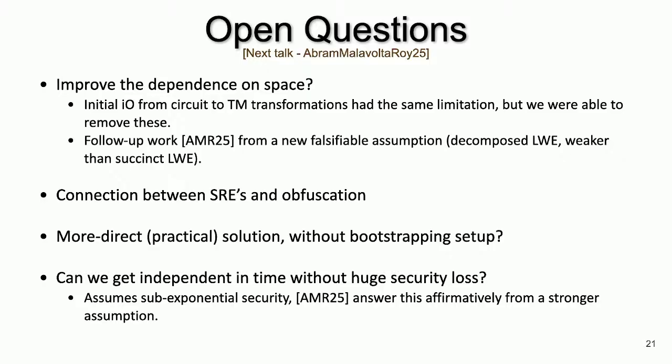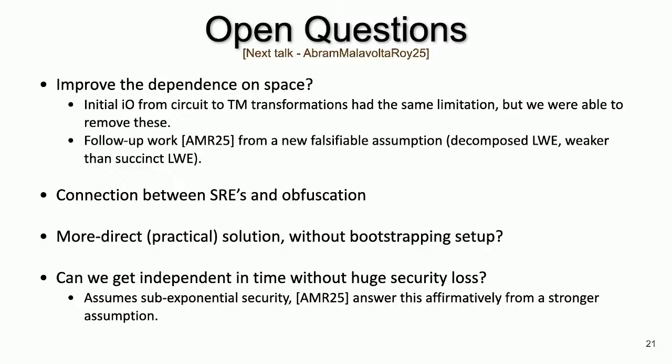Okay. So I think there are some excellent questions. Even after Julio's work, I would say just getting this from circularly secure LWE would be great. I would imagine some of these things are doable, but I don't have a good intuition. And the connection between SRE and obfuscation, I think we just don't understand these objects very well.